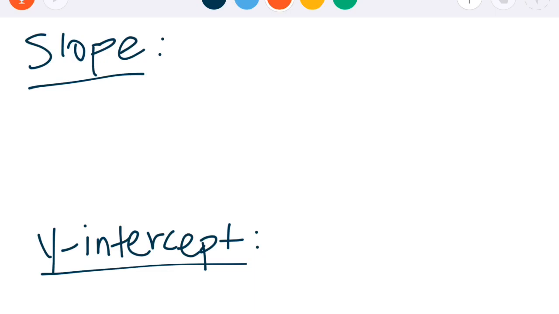But the slope really changes what we'll call the steepness.